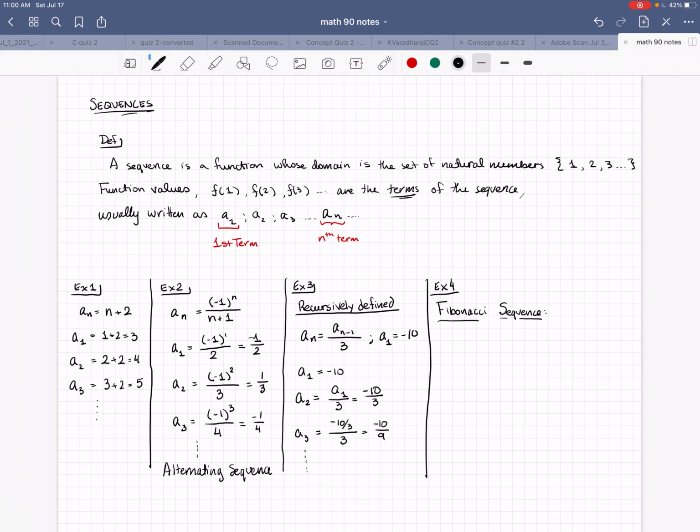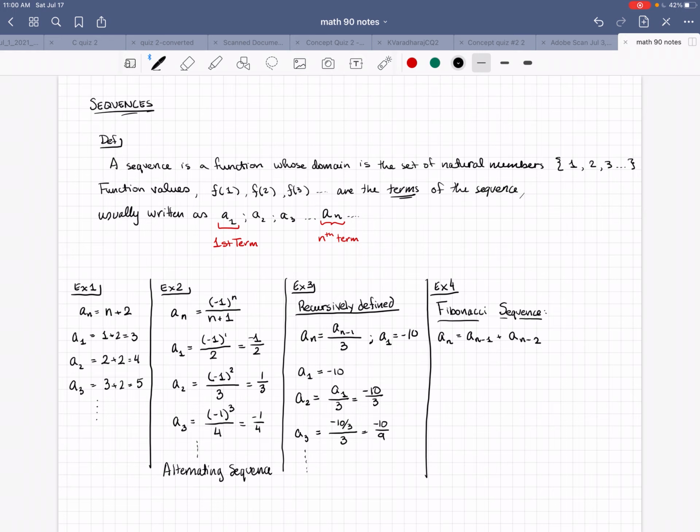The Fibonacci sequence gives us the definition of its terms in terms of 2 terms that came before it. So a sub n is equal to a sub n minus 1 plus a sub n minus 2.